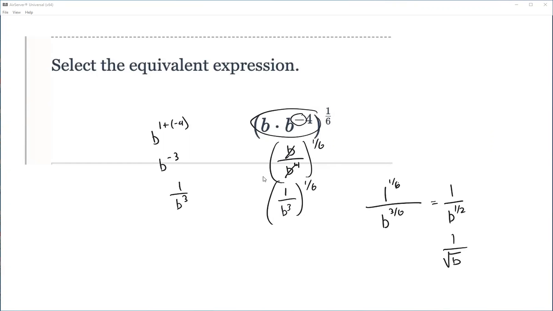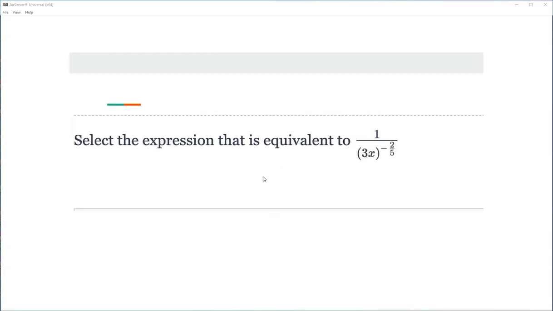Next problem here. Just go along here. If the negative exponent is in a denominator, you can just move it back to the numerator and it'll turn positive. So it'll be 3x to the 2 over 5 power. And then you pretty much, I don't want to say distribute, but you pretty much put the 2/5 to the 3 and to the x.